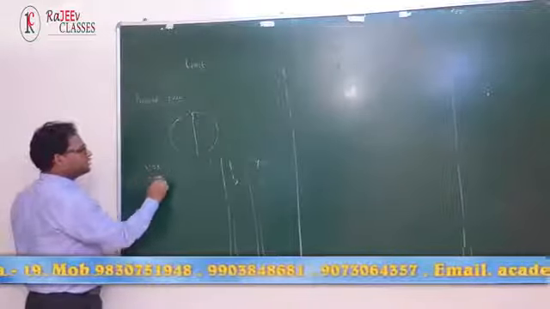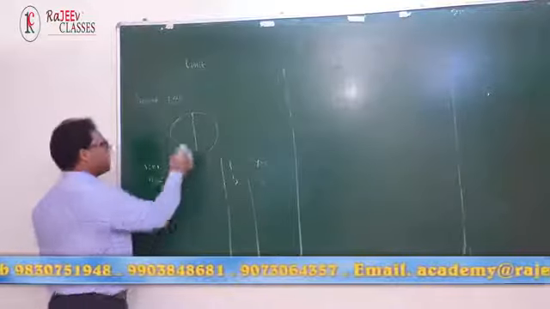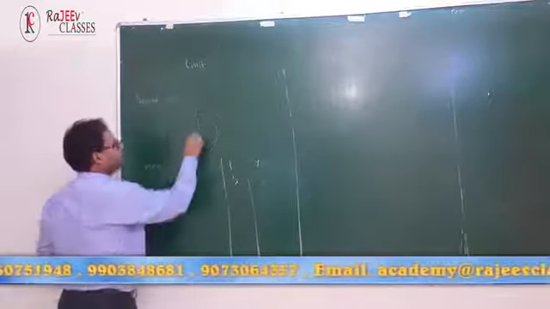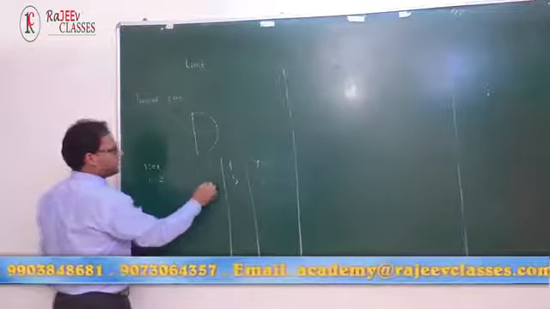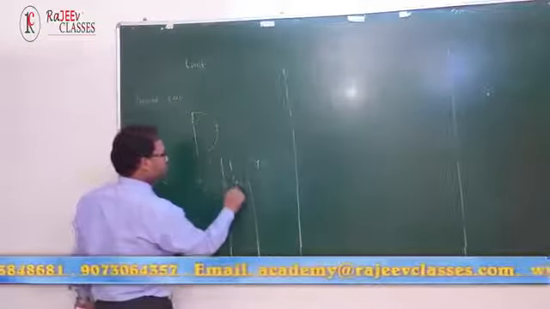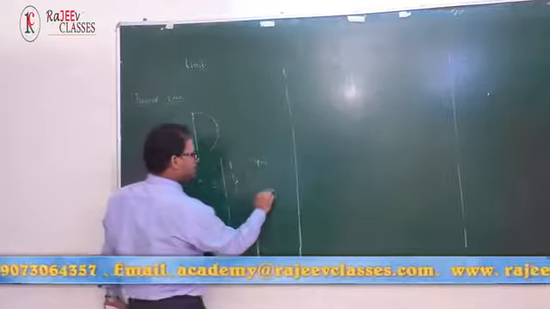Next, when n is equal to 2, your friend again gives you half of his cake piece. So next time again half. Your friend has only 1/4, and you have 1/2 plus 1/4.